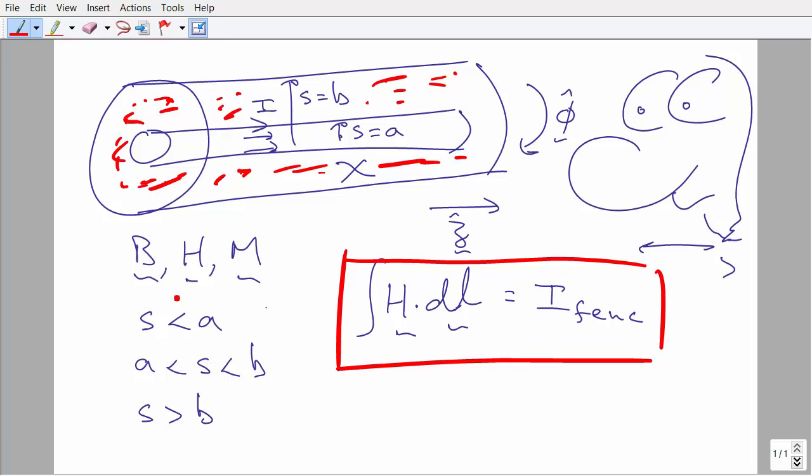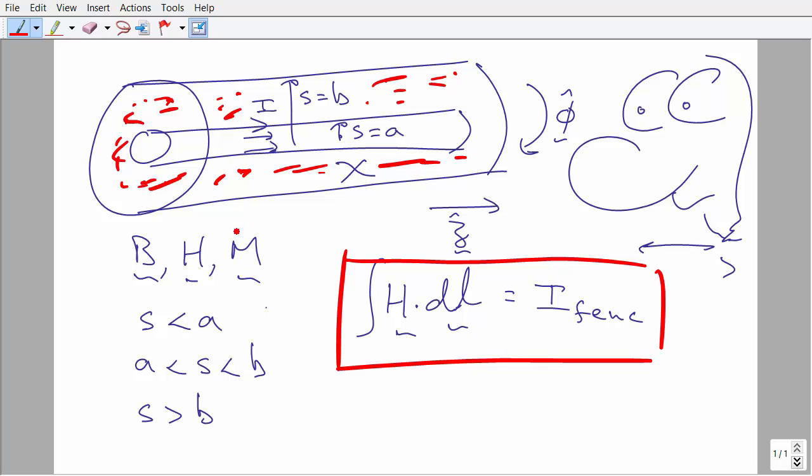We'll approach first of all the region s less than a. For s less than a, it's a particularly straightforward problem because the enclosed free current is zero. The second observation is that from symmetry, if the fields exist, they have to be in the phi hat direction. So inside the inner conductor, since the enclosed free current is zero, if I draw a little circular loop inside here, no current crosses it, and that combined with symmetry tells me H is zero.